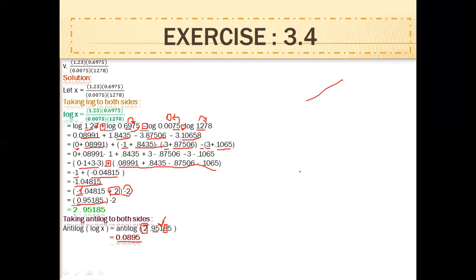If your characteristic is minus 2, it means that we will add one 0. If characteristic is minus 3, we add two 0s. Then point, and then we write the zeros and then the number which we get from the antilog table. If you have minus 1, then your number will start with the decimal.